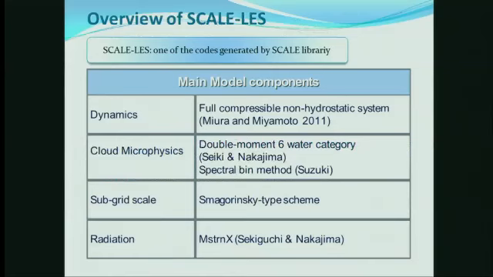So SCALE-LES is one of the codes generated by the SCALE library. And these are the main model components. Dynamics is a fully compressible non-hydrostatic system. For cloud microphysics, we have now implemented a double moment 6-water category scheme developed by Seiki and Nakajima.